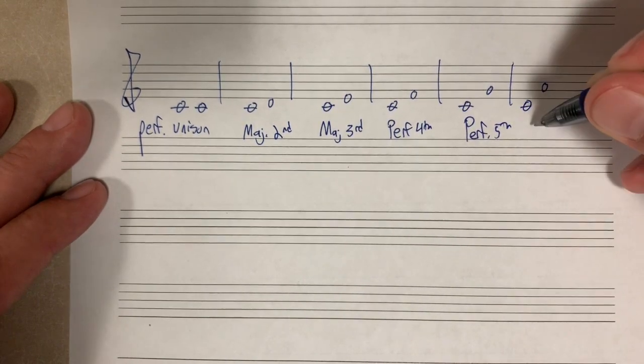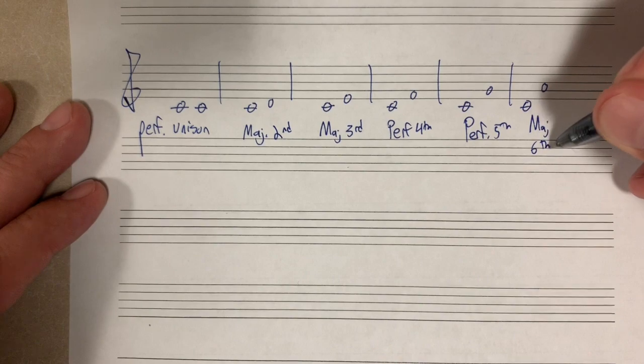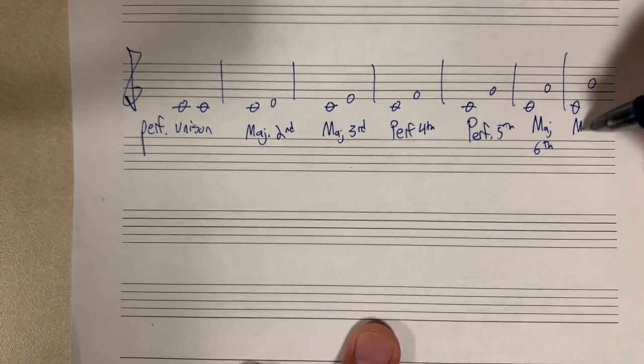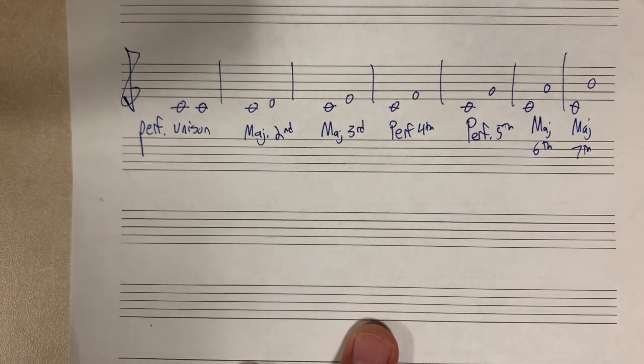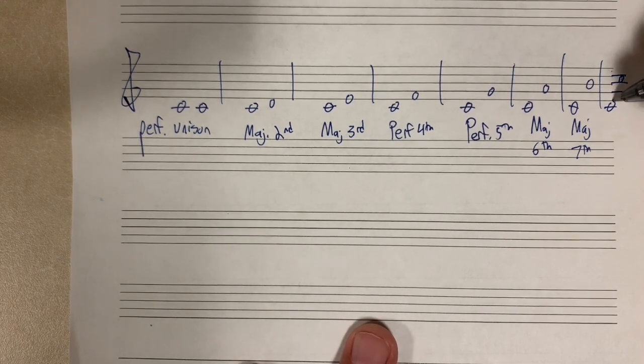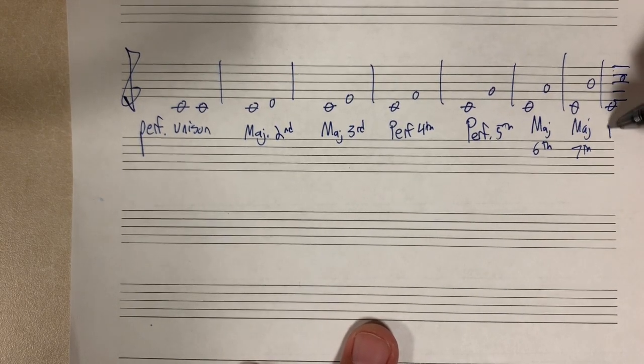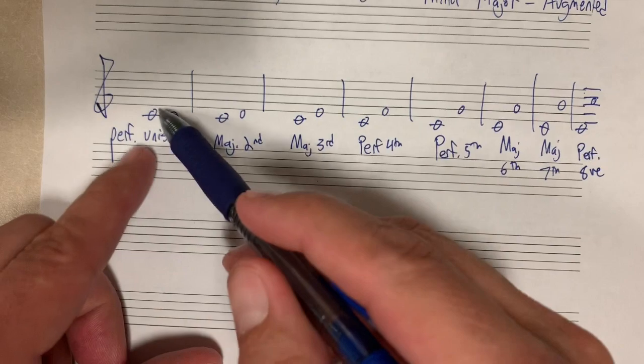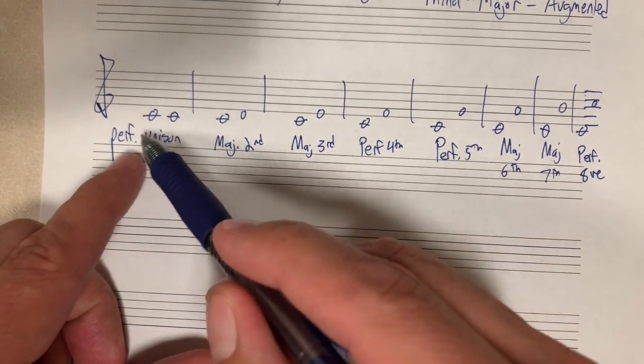C to A is a major sixth. C to B is a major seventh. And C to C, look, I just extended the line there. Okay, I ran out of room. C to C is a perfect octave.